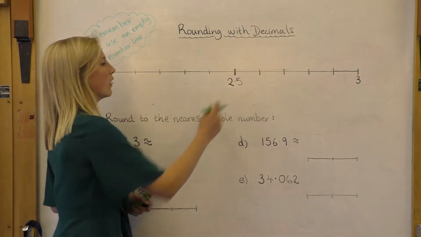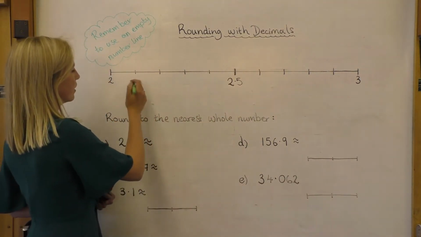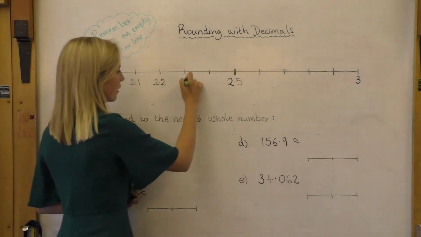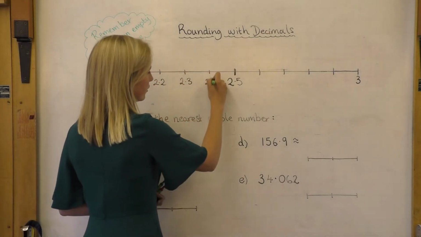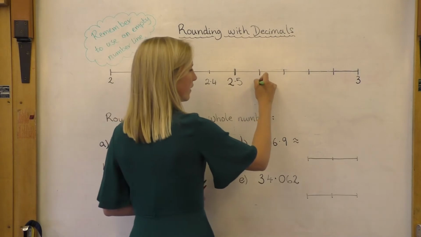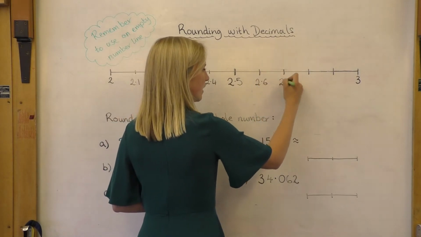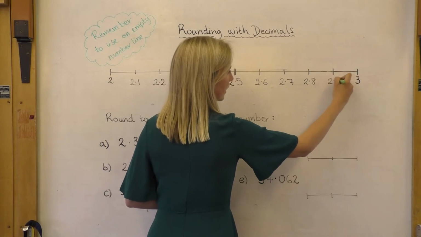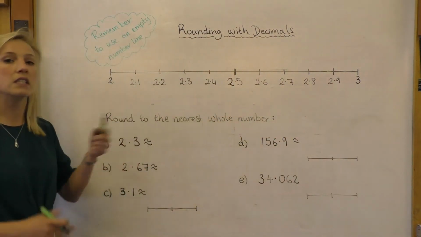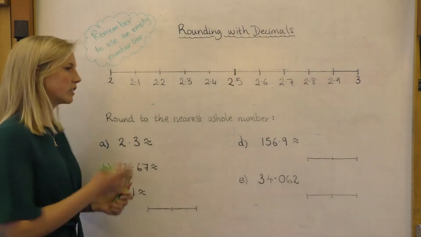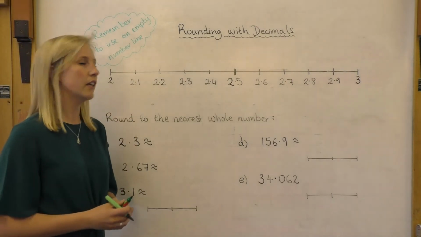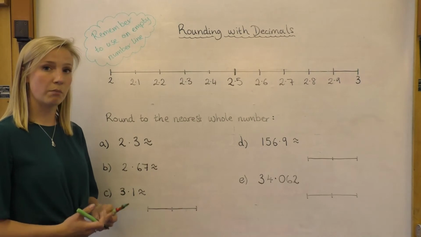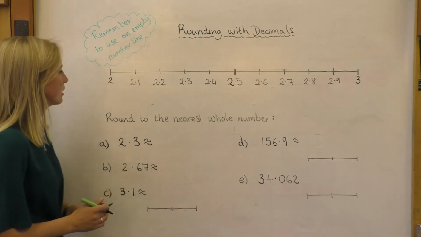If this is 2.5, then we would know that this must be 2.1, 2.2, 2.3, 2.4, 2.5, 2.6, 2.7, 2.8 and 2.9. Now we don't normally see this as a number line, but in our rulers that's what the tiny little lines signify, our tenths, or in the case of measurements, our millimetres.